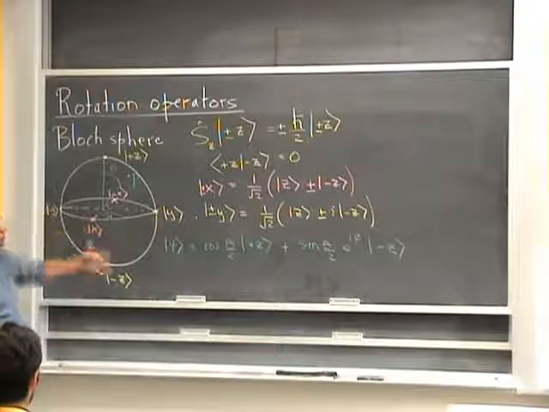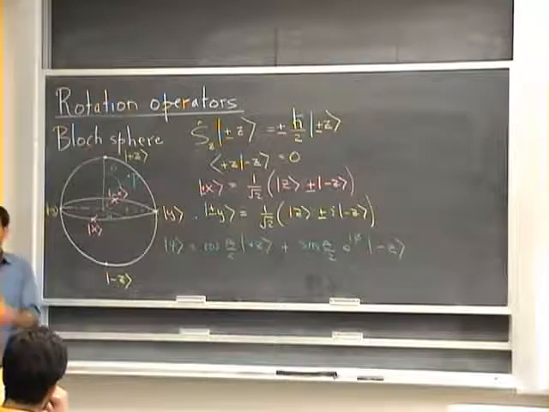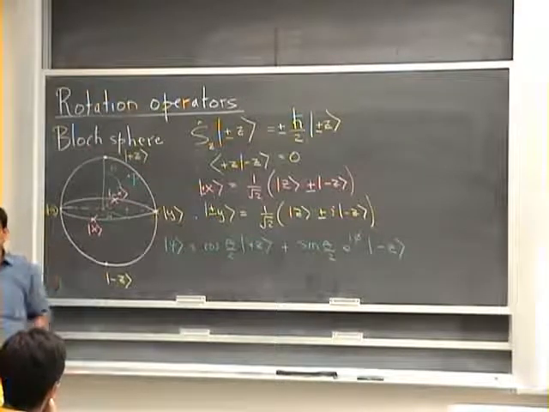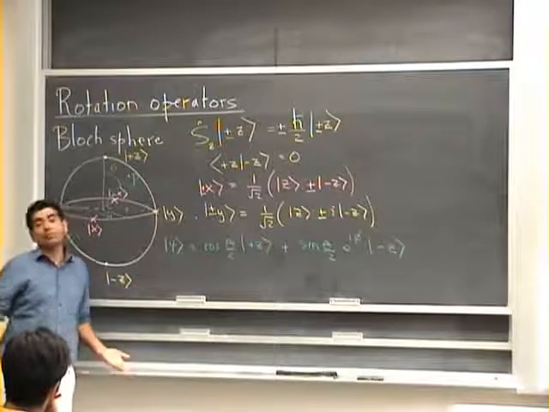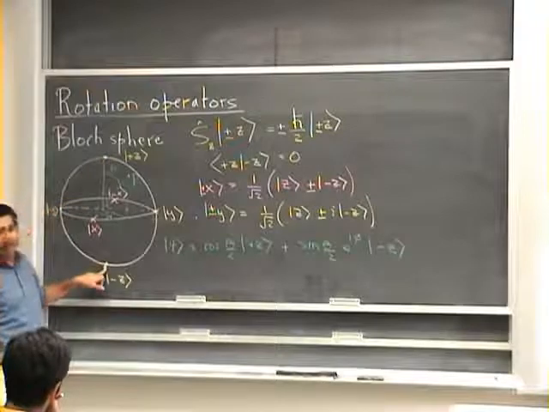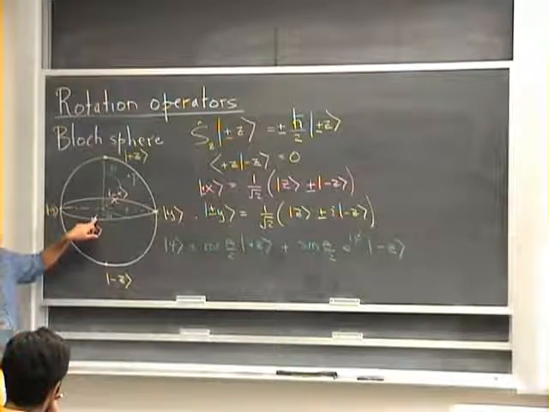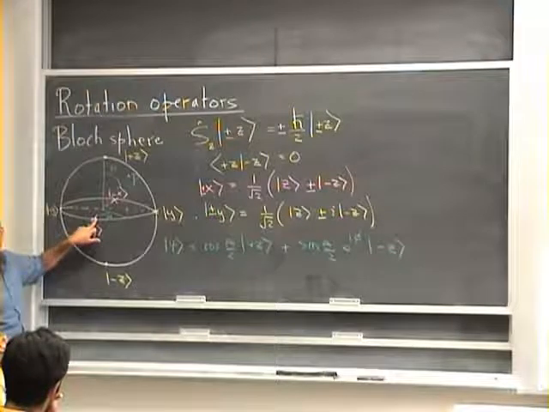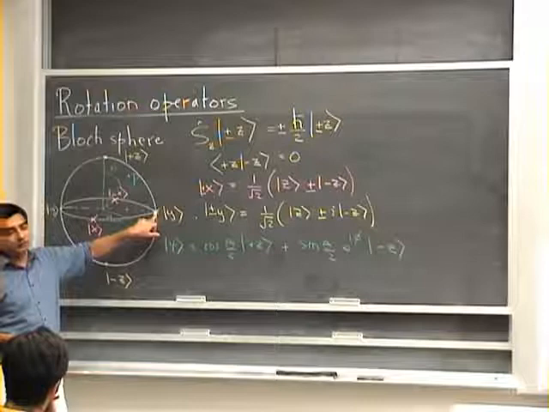Now, this two-level quantum system models a spin-half system, like the spin of an electron, the spin of a proton, the spin of a neutron. It could also model the polarization of a photon. Here, this becomes ket H, this becomes ket V. This becomes ket H plus ket V, which is the 45 degree polarized photon. This would become left circularly polarized light.